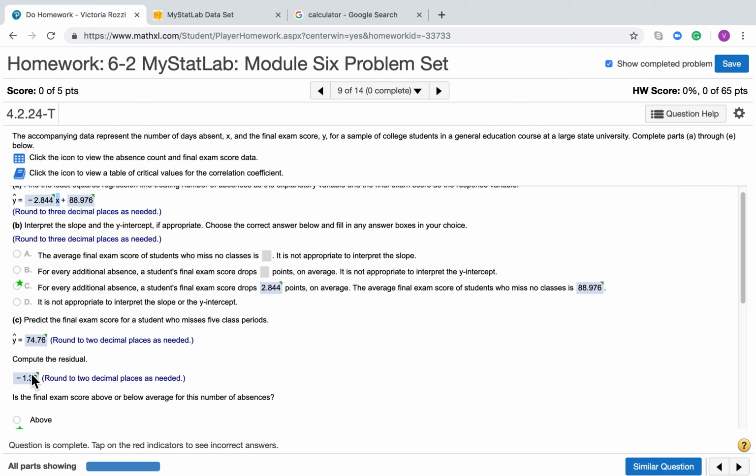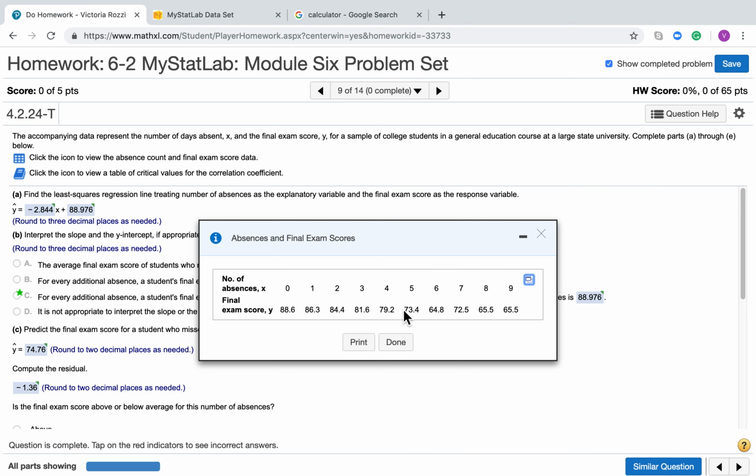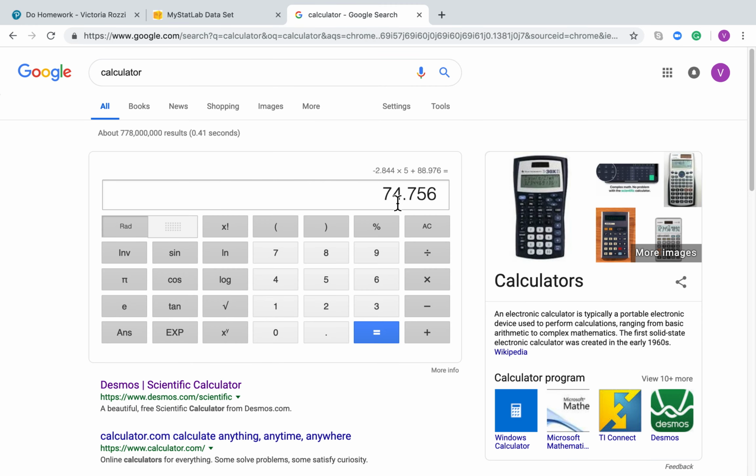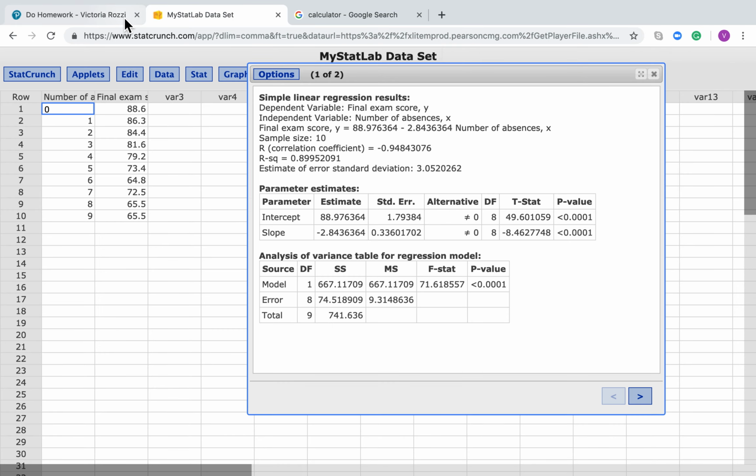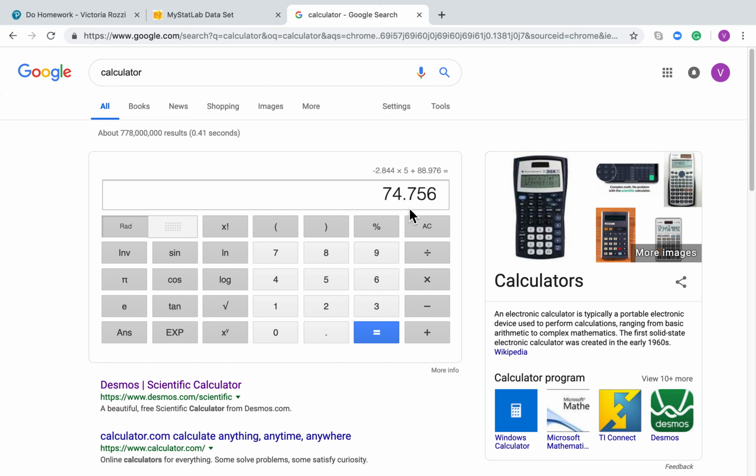Now the residual is the difference between the predicted value and the actual value. So if we go back to the data set, a person who missed 5 classes actually earned a 73.4. And then here we had gotten that they had a 74.756. So you take that observed score, which was 73.4, and we're going to subtract our answer.